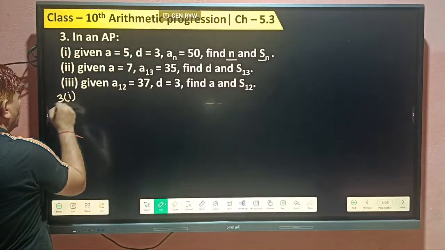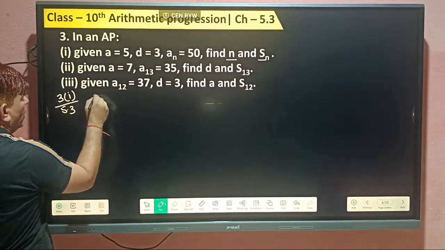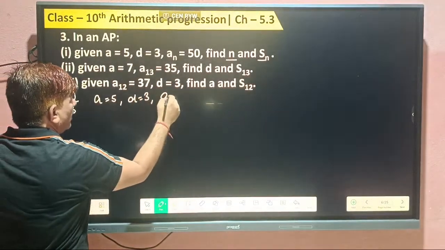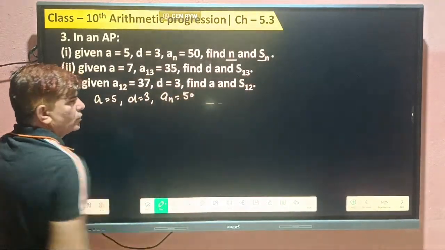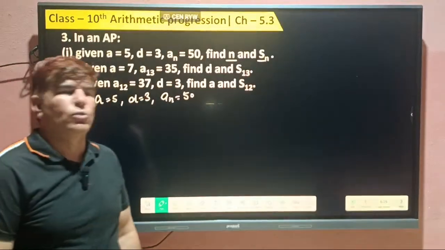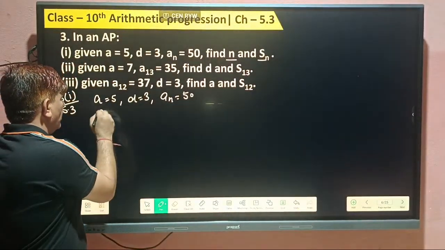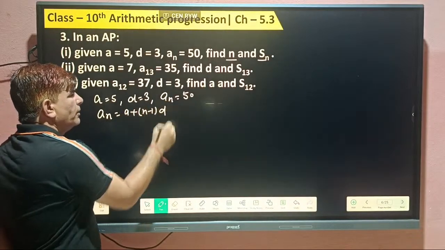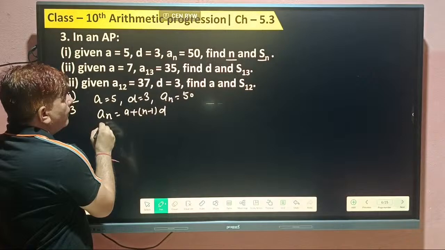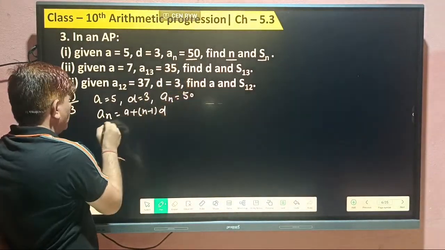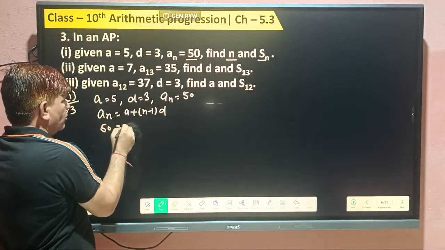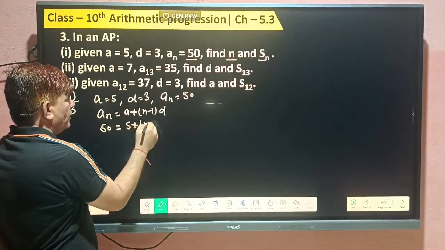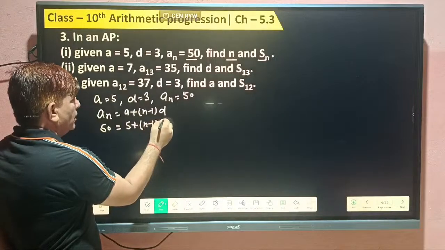First part. A equal to 5, D equal to 3, AN equal to 50. So same procedure like question number 2. First we will find out AN equal to A plus N minus 1 into D. AN equal to 50, so 50 equal to 5 plus N minus 1 into 3.